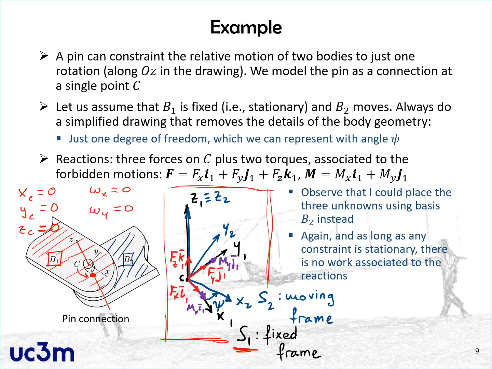Again, a simple constraint because all these equations can be reduced to equations of the coordinates. You can always integrate these last two in terms of Euler angles. This means that we can parameterize the configuration of body B2 with respect to body B1 in terms of just one parameter, one coordinate. Here we have chosen this angle psi, as you can see in the drawing.